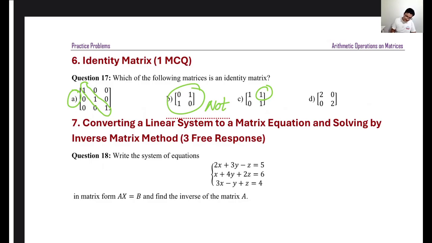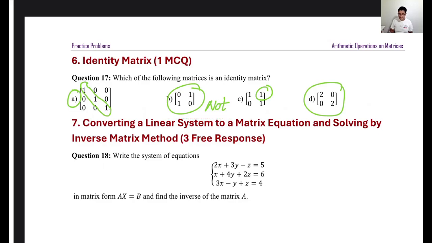In fact, the one in item B here is a kind of permutation matrix. You should try to multiply any 2 by something matrix with that and see what happens. You'll see that the first row will become the second row and the second row will become the first row. It will interchange the rows. It is an interesting matrix.